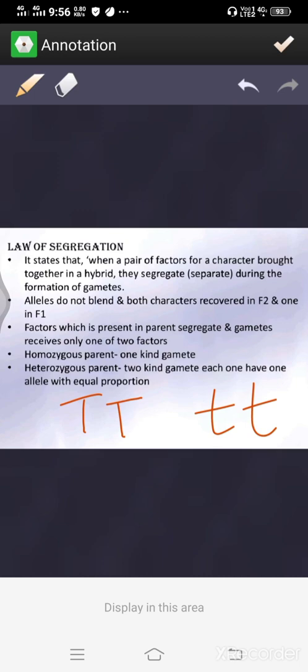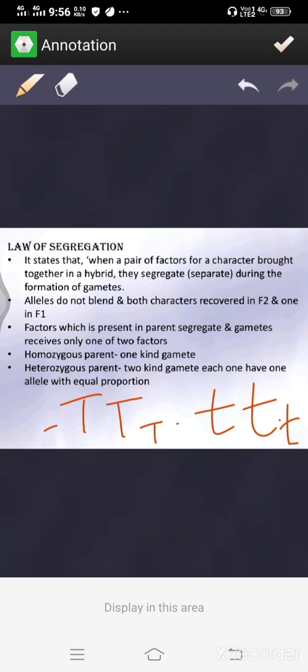They segregate during gamete formation. This was the parental type, but in the gametes we took only capital T here and small t here. That is what he is saying: they segregate during gamete formation, whether it is a homozygous or a heterozygous condition. The factors, that is genes, always separate during gamete formation.